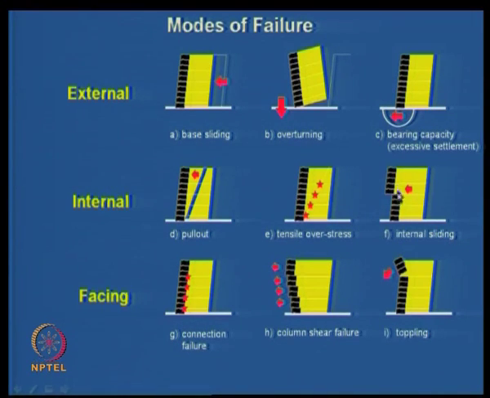I have seen a couple of failures like this, because we think simple construction is easy, but it's not. Then facing could have connection failures, it could fail as a column, and there could be toppling failures. Many things are possible. Though the facing looks very impressive, one should be very careful and look at all these possibilities.